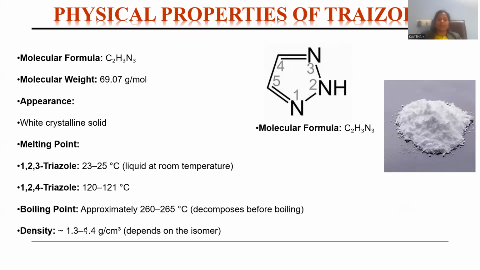So the melting point of 1,2,4-triazole is given as 120 to 121 degrees centigrade, and the boiling point is given as 260 to 265 degrees centigrade. Make a correction. And density, obviously, being a kind of solid material, will be slightly higher, so 1.3 to 1.4 grams per cubic centimeter is accorded for this triazole molecule.